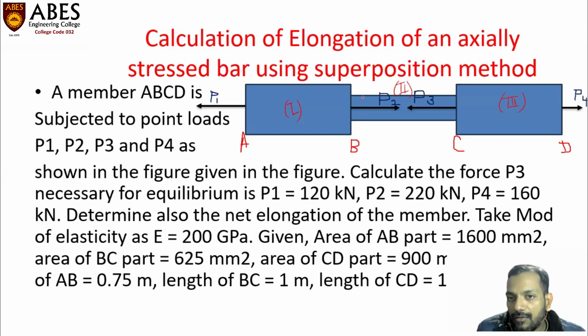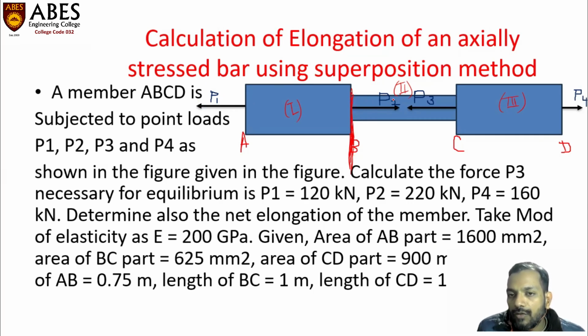For calculation of the force which is acting on the middle portion, what we need to do, we will assume an imaginary line passing through this junction B, and we will add up the forces which are acting to the left hand side of this imaginary line, including this force P2. So to the left hand side of this line, there are two forces, P1 and P2.